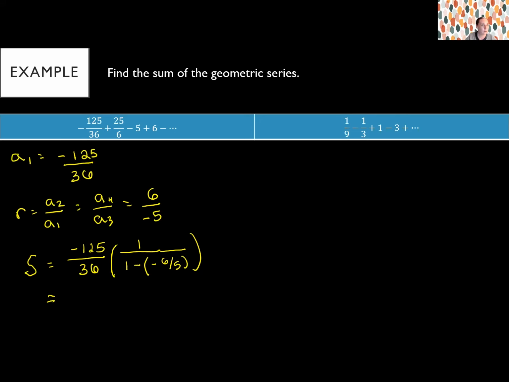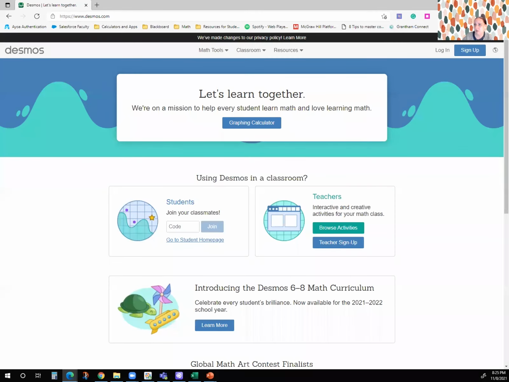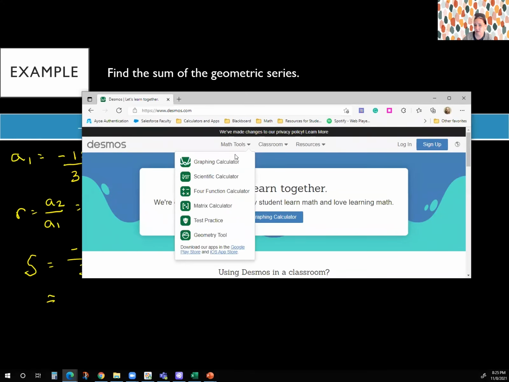And if you do not have a calculator that can do fractions, most calculators do, or at least scientific ones. I've got the TI-30X and it does do fractions, but it's kind of hard to enter in. So I actually prefer to use Desmos for my fractions.